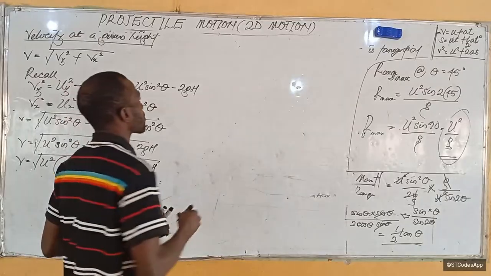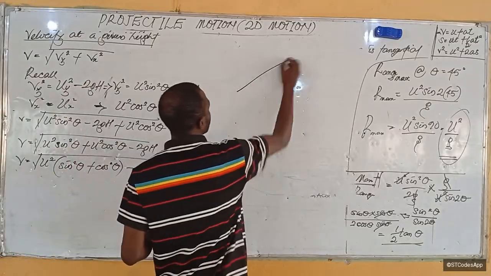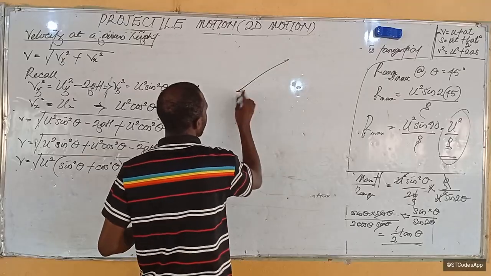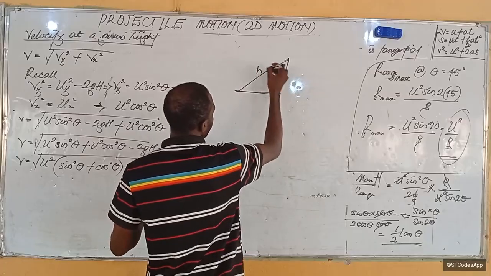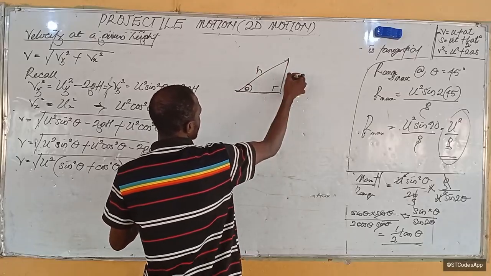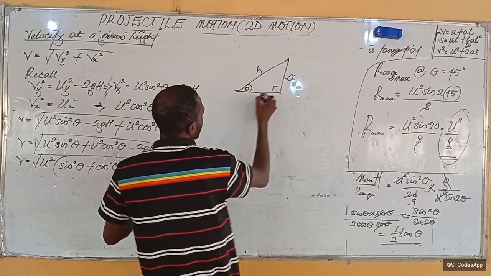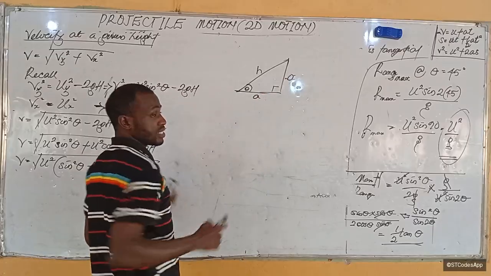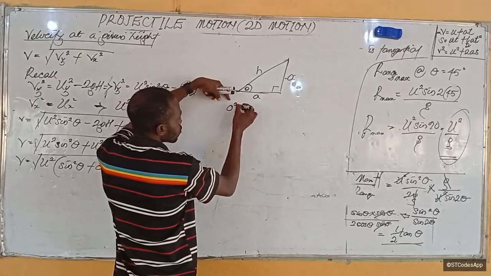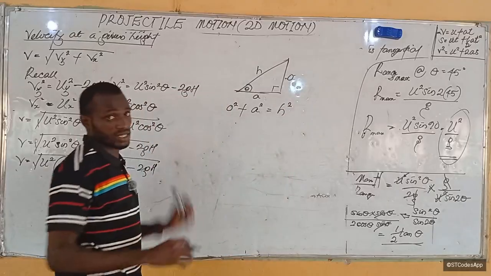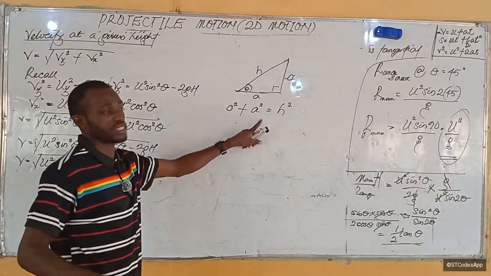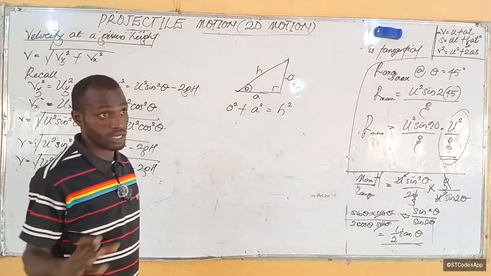Now let me show you something. Watch this. In my Pythagoras theorem, I have this hypotenuse, this angle theta, these are opposite, these adjacent. In this equation, we have that opposite squared plus adjacent squared is equal to hypotenuse squared. You know that, right? Now let me show you a manipulation.